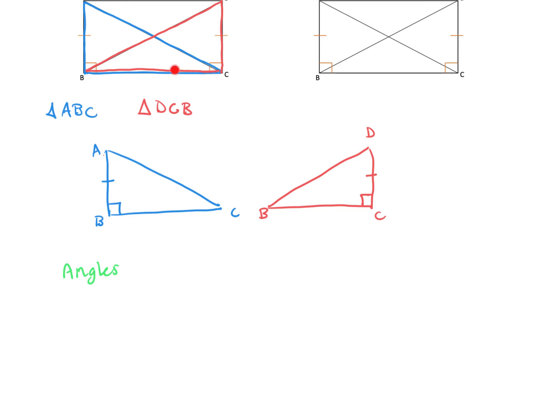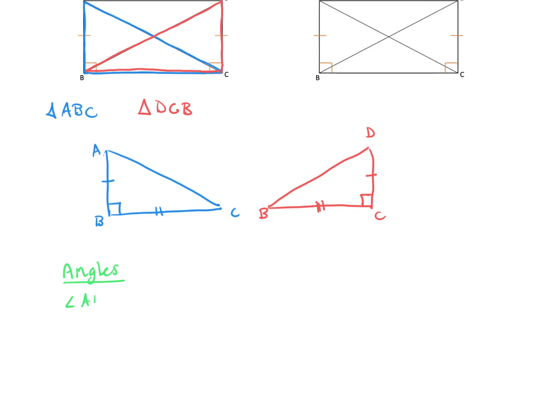And then when we have this overlap, here's where I think it's really obvious: this red segment is part of my red triangle and the blue segment is part of the blue triangle, but it's the same segment. So BC is going to be congruent to BC.